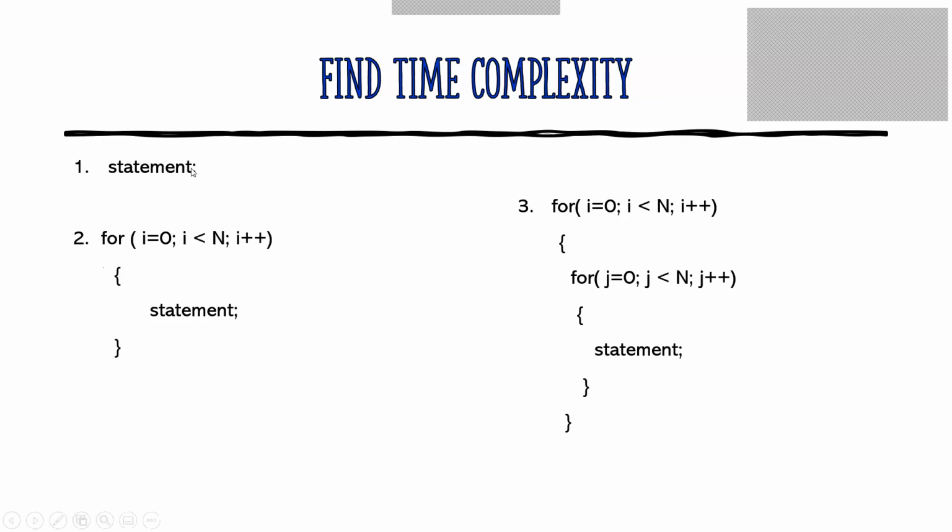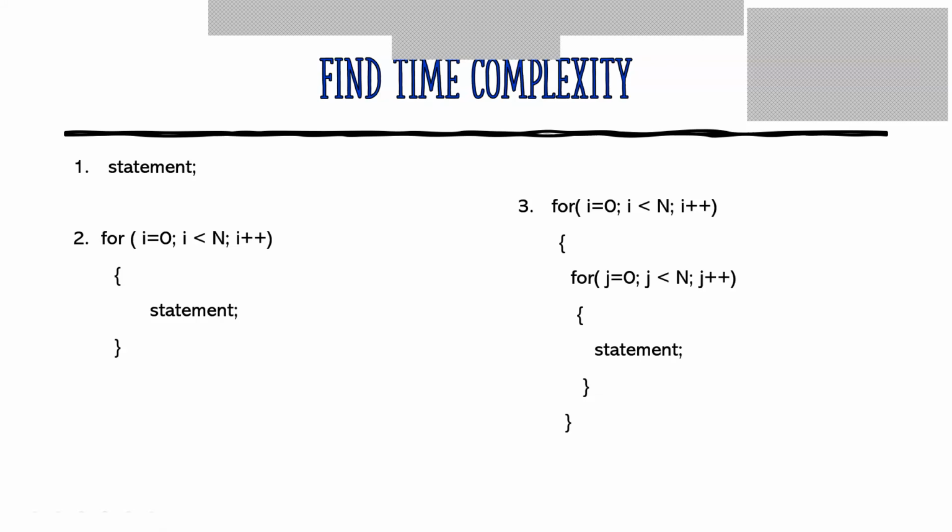So here I am showing you three functions or three equations. The time complexity for number one will be 1 unit, or you can say constant time. This statement is going to take just constant time. It can be 1, 2, depending on the statement, but anyway, it will be just constant time.